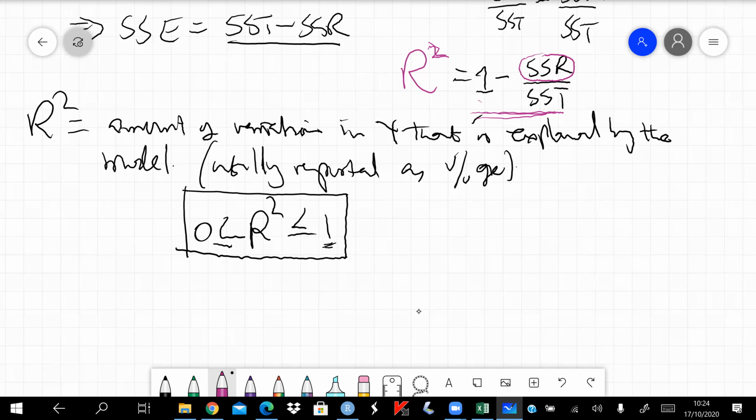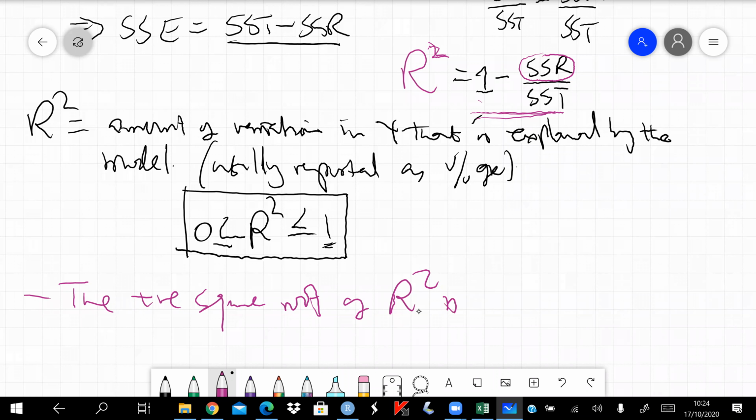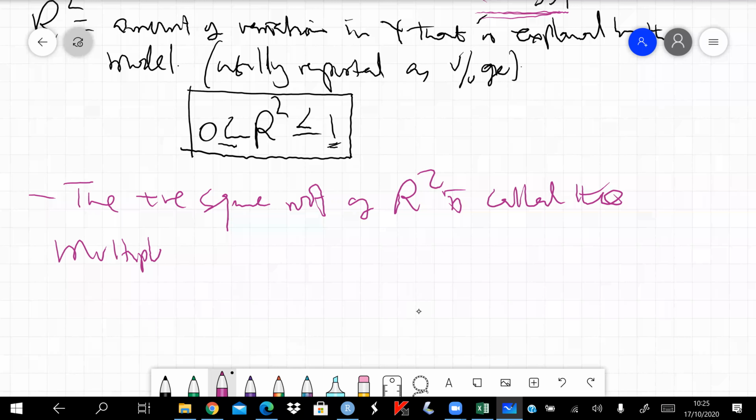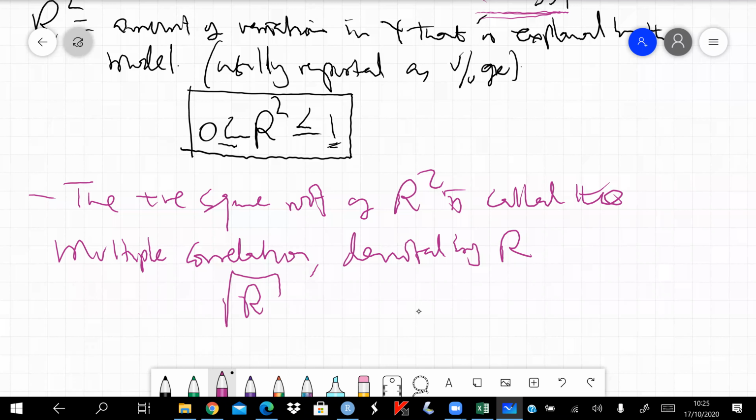So let's note that the positive square root of R squared is called the multiple correlation, which is denoted by the letter R. If you take the square root, you are likely to get plus or minus R, so we're saying the positive square root is what we're calling multiple correlation.